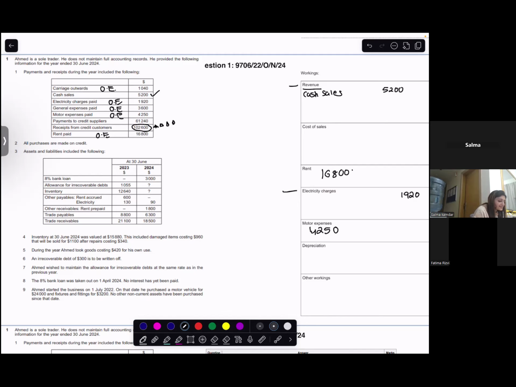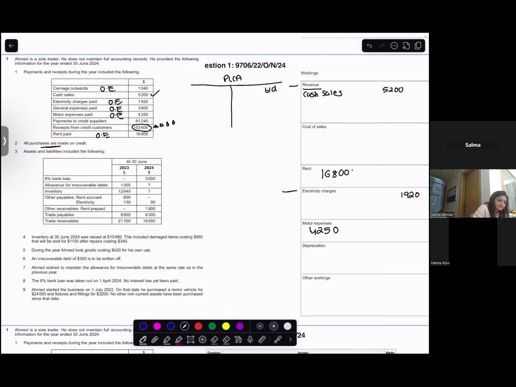All the purchases are on credit. That means to find my purchases, I will have to make which account? So PLCA. It always has which balance?